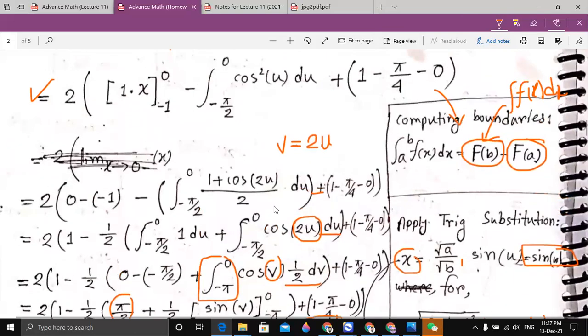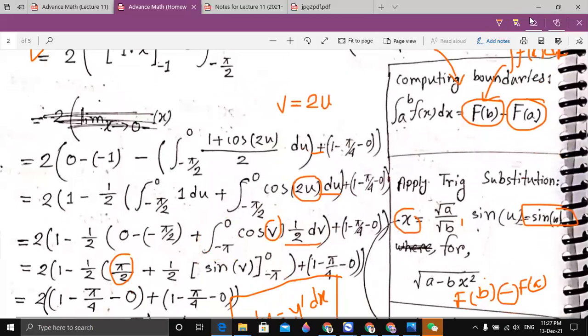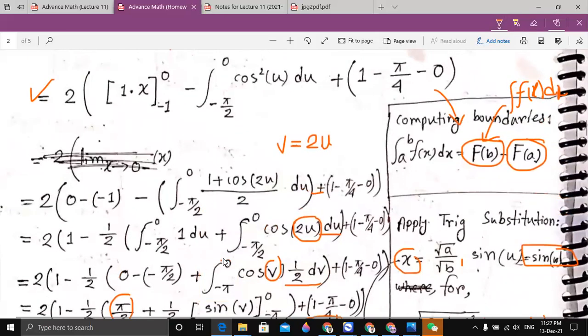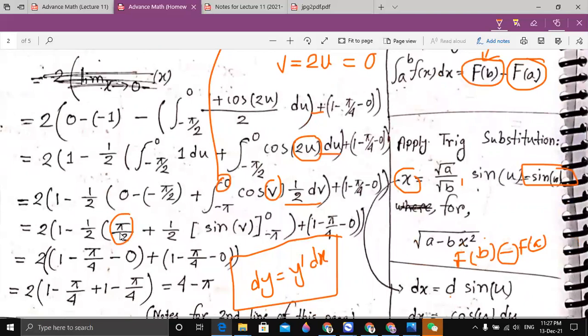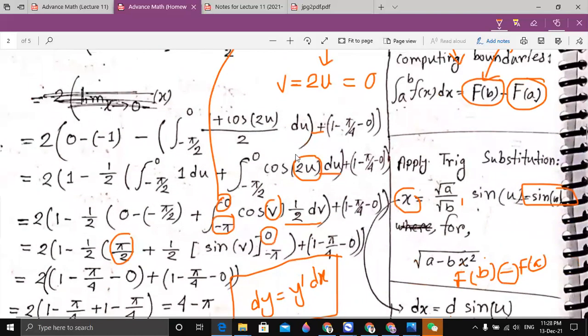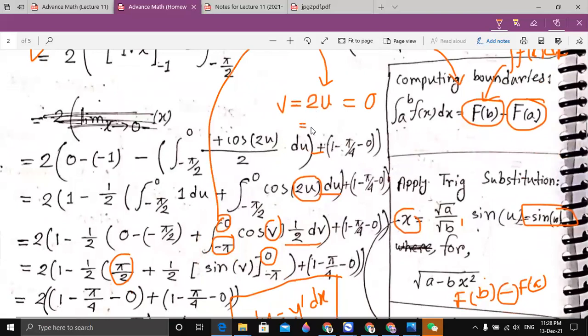So now we have to adjust the limit. Substitute 0 here. So 2 multiply 0 means 0, right? So our upper limit is 0, okay? And substitute the lower limit here.